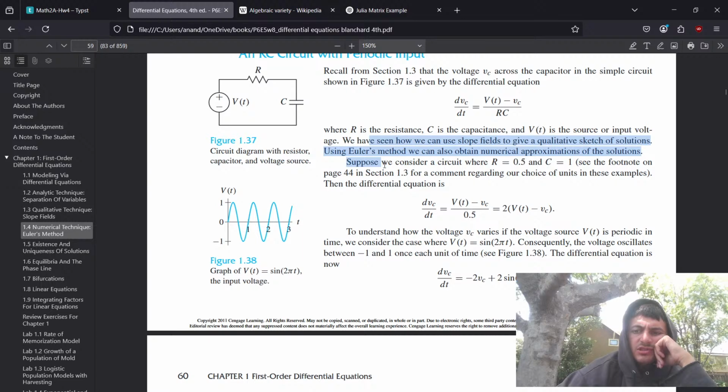We have seen how we can use slope fields to get a qualitative sketch of solutions. Using Euler's method, we can obtain a numerical approximation.